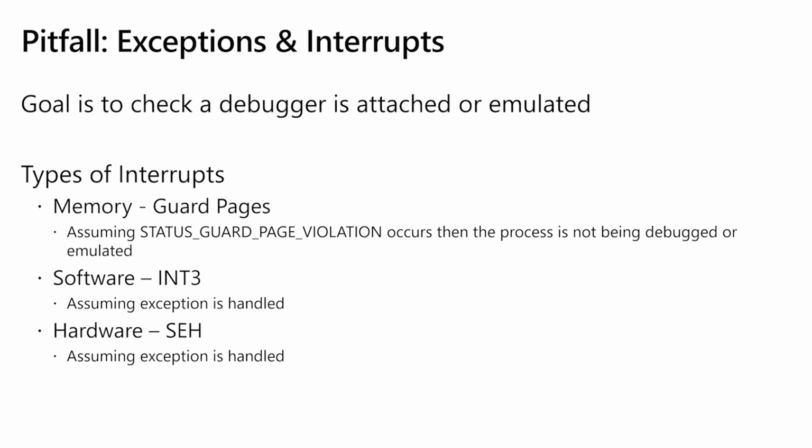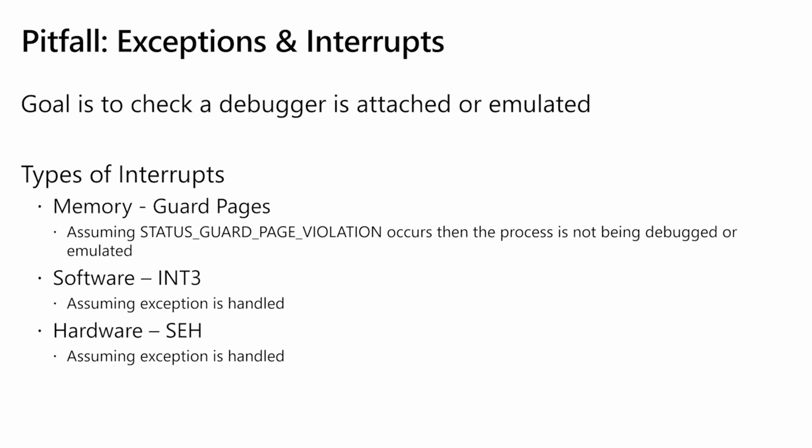And then exceptions and interrupts. So depending on your emulator or symbolic execution, sometimes the exceptions are not implemented. And so if there's no exception when they call, say, an INT3 or an SEH, it's going to be suspicious. So it's going to expect that exception to be handled. But if your tool does not handle the exception, it's going to be suspicious of it and exit out of the process.